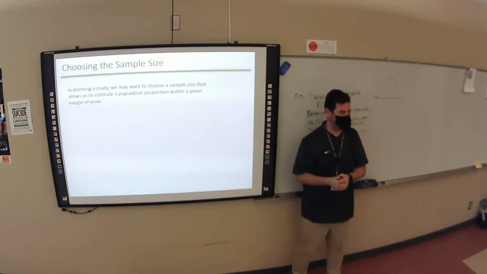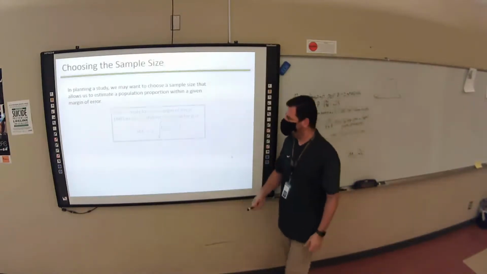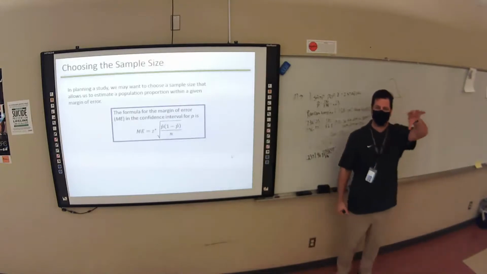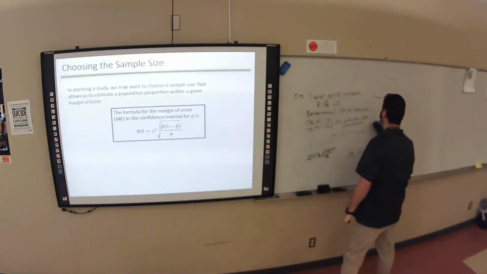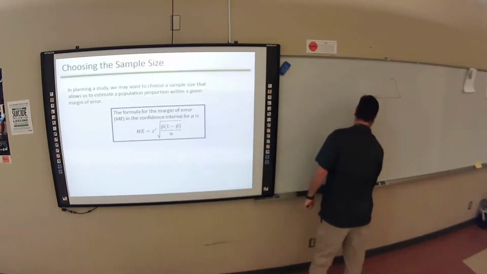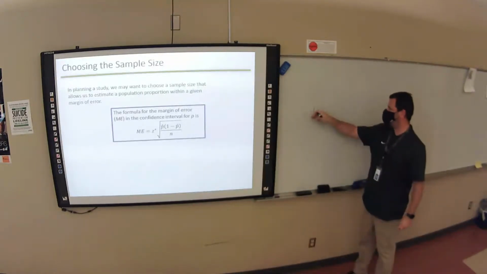Now we want to choose a certain sample size to give me a certain margin of error. The formula for the margin of error is everything after the plus and the minus. They call it ME. I always called it MO.